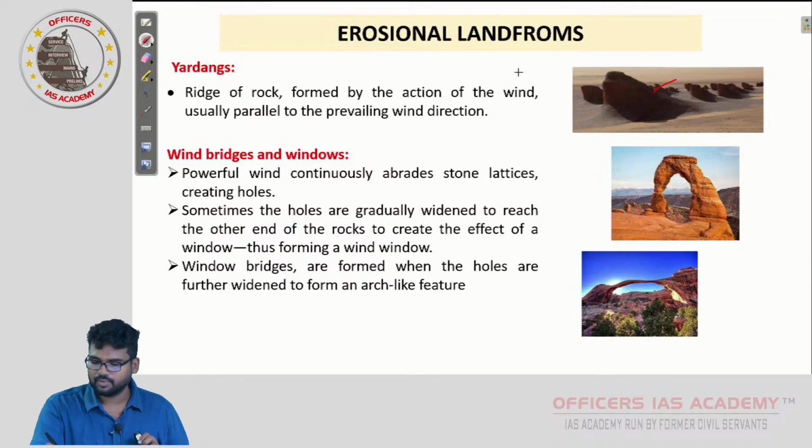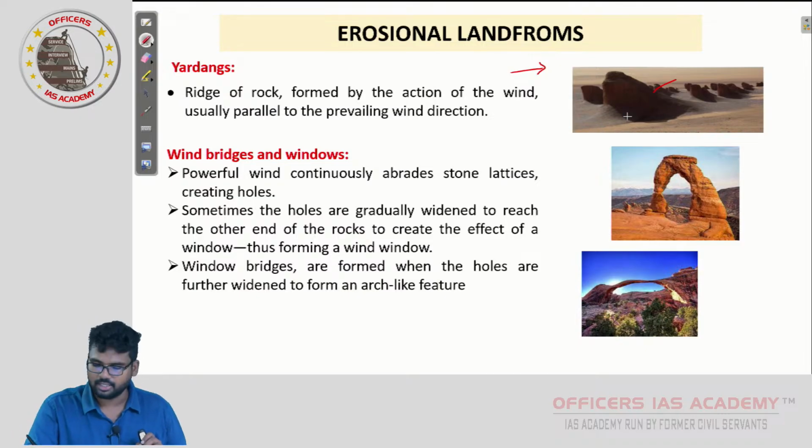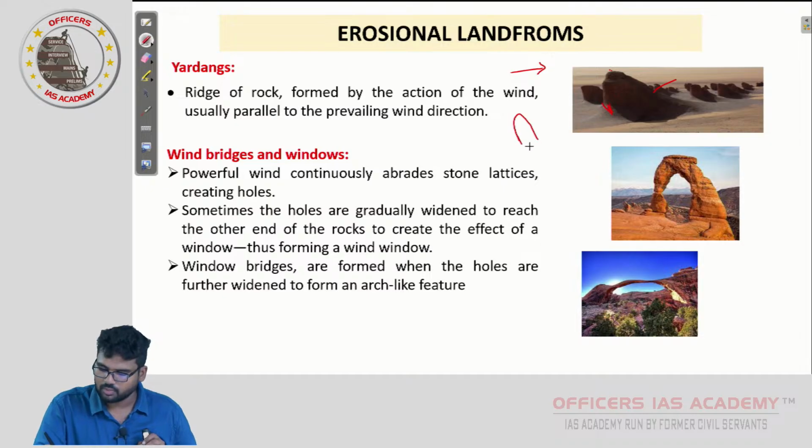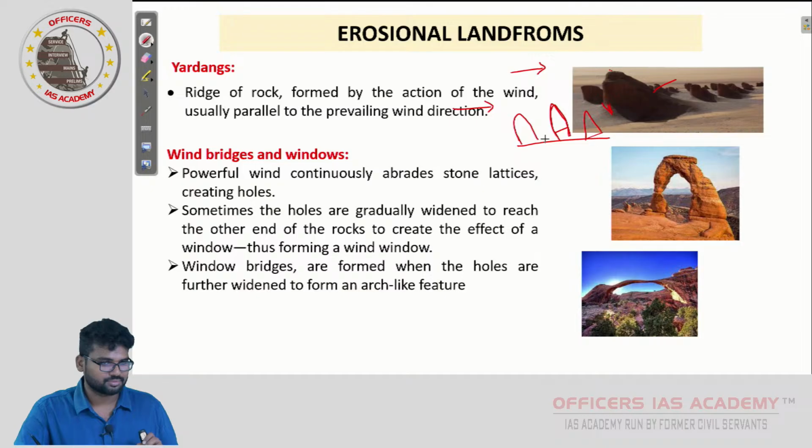So let us say when wind is moving in this direction and there is a big rock or a series of rocks. On these rocks there will be differential erosion and at the bottom it will erode more compared to the top. As a result it starts giving rocks which are aligned but eroded in the direction of the wind.